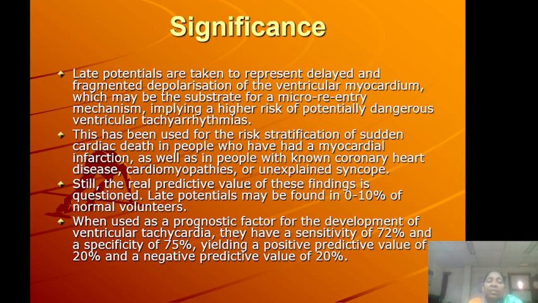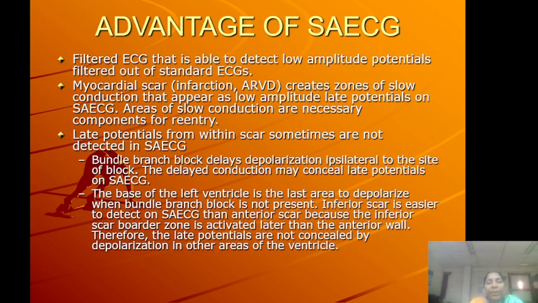Using that, people have done some research in which they identified the late potentials. They may be found in around 0 to 10% of normal volunteers also. In the case of ventricular tachycardia, the researchers found a sensitivity of 72%, specificity of 75%, positive predictive value of 20%, and negative predictive value of 20%.